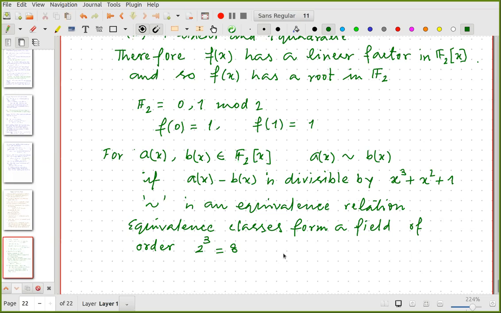This 2 to the q is what we had in the theorem, q to the degree of the polynomial. So you get a field of order 8. So that's the construction. So you have to find the equivalence classes.